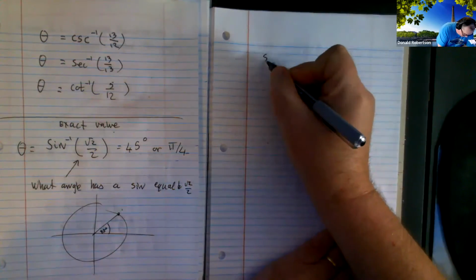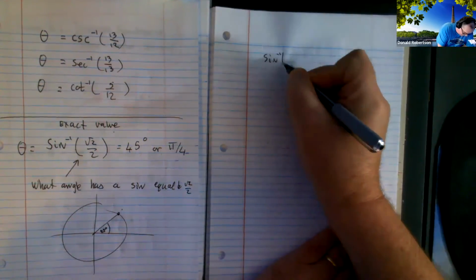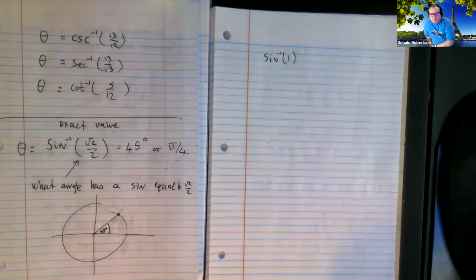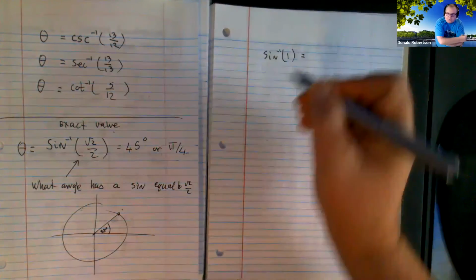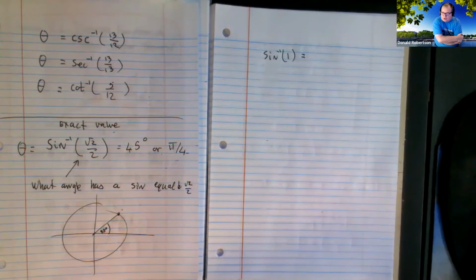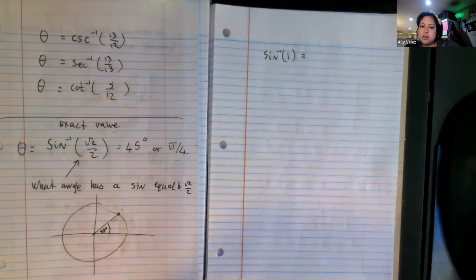Let's try that without a calculator then. What angle, and there's a couple of answers, but we only want one of them right now. What angle gives you a sine of 1? What angle has a sine of 1? 90 degrees.